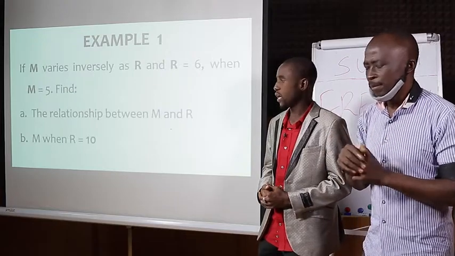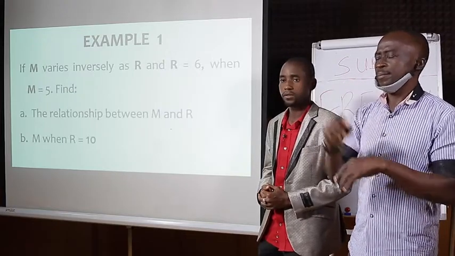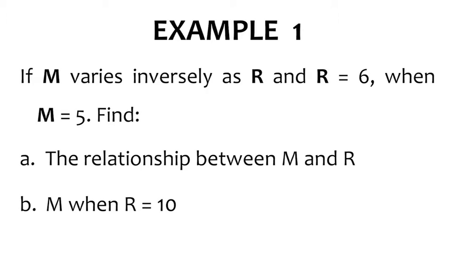Let's see the first example, which is example 1. If m varies inversely as r, and r equals 6 when m equals 5, find A, the relationship between m and r.